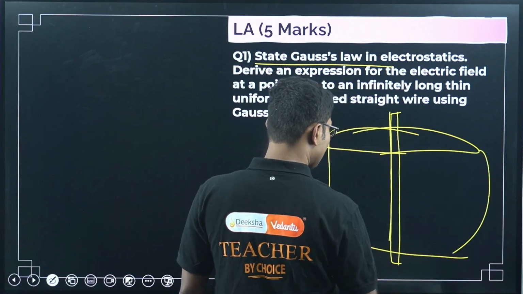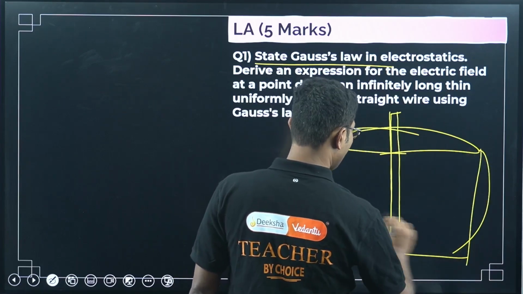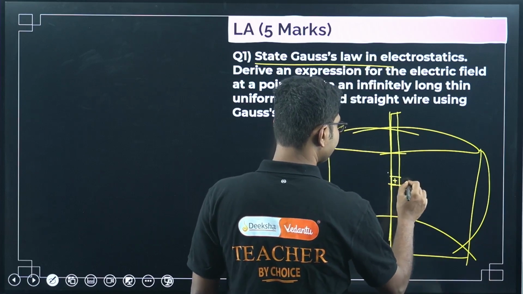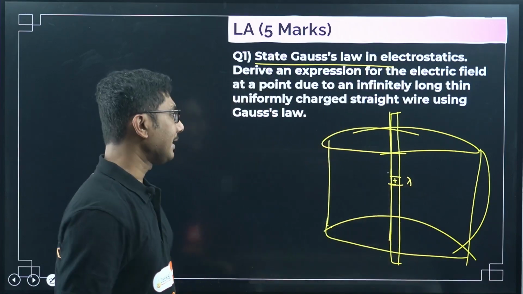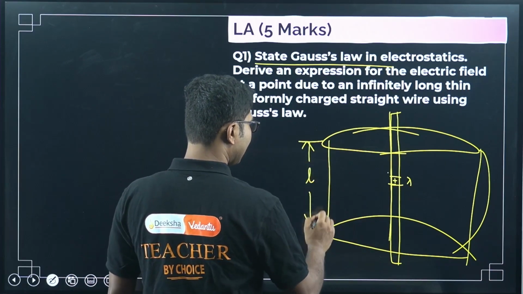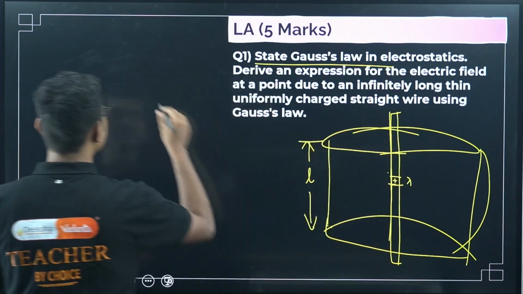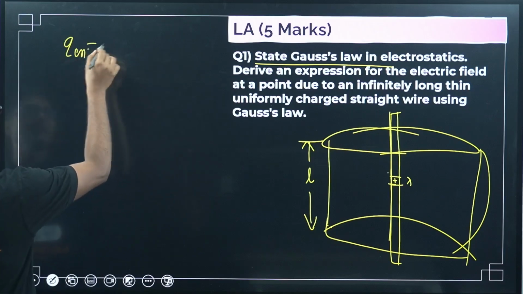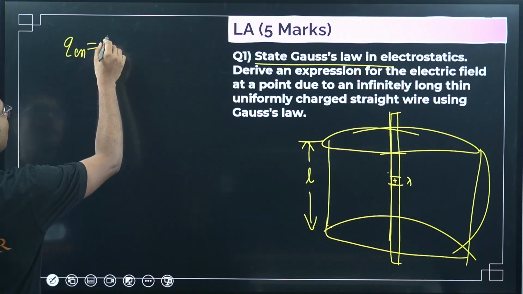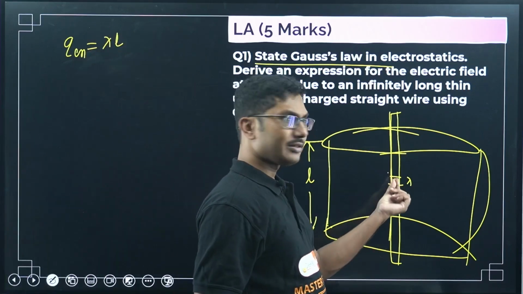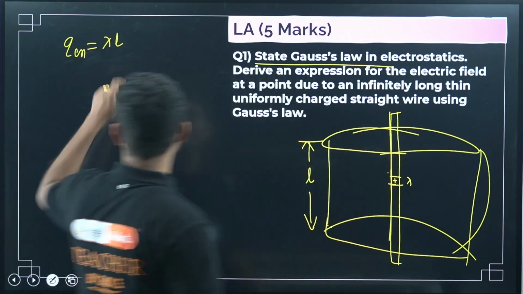In the case of a charged wire, you have to know the charge per unit length, that is lambda, and then assume some arbitrary length L. The total charge enclosed by the cylinder will be lambda times L. Lambda is charge per unit length, so for length L it will be lambda times L.